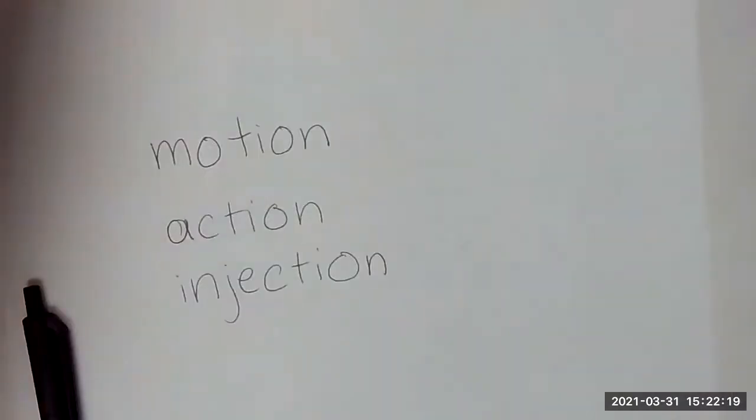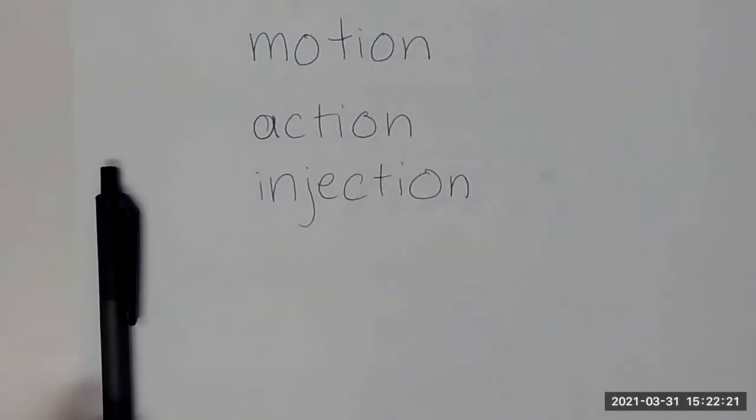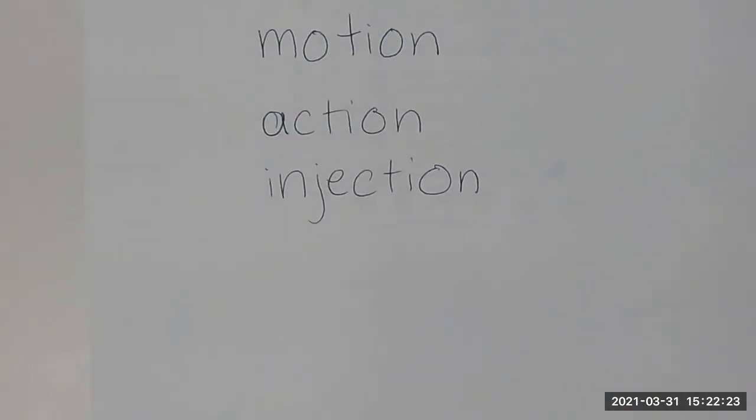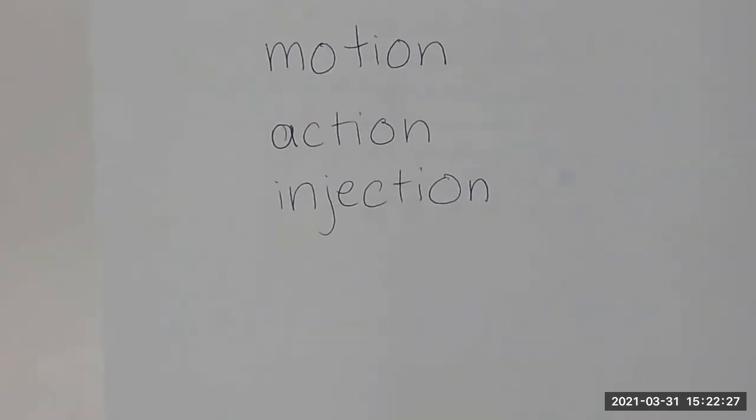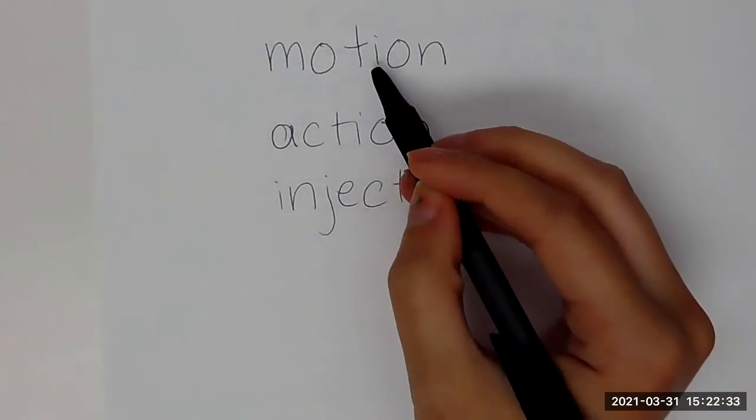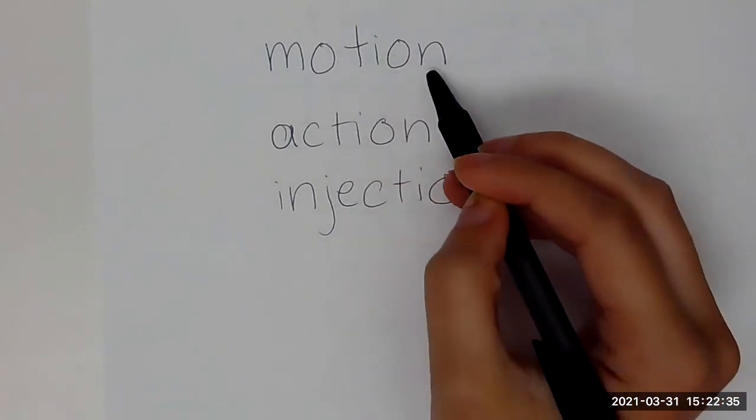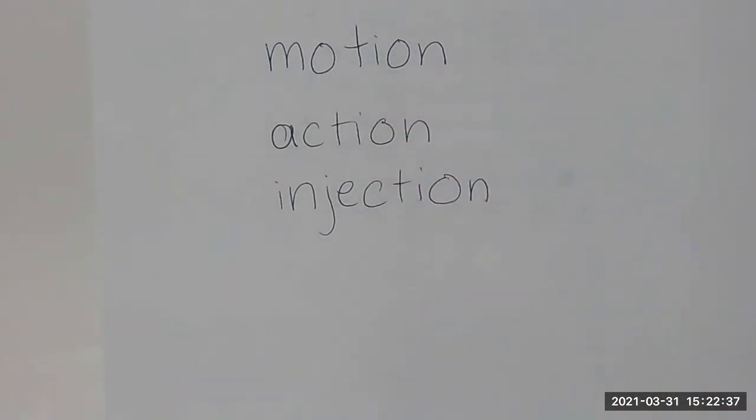Now, take a look at these words and see what letters are making the shun sound. What is making the shun sound? T, I, O, and N. Very good.